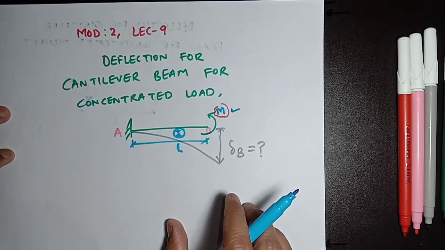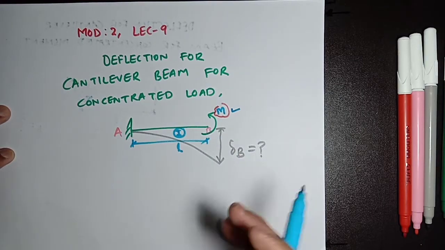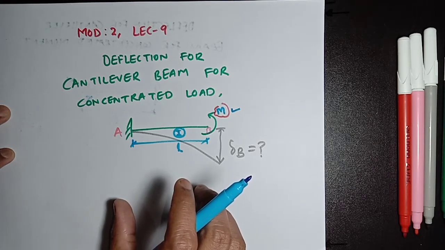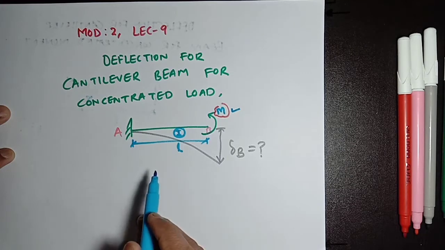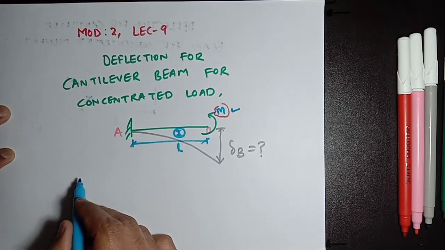Now, in the next lecture, we will be solving a cantilever beam, but it will have a varying moment of inertia. The beam will be like this.